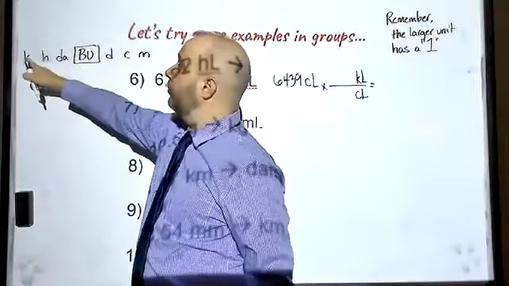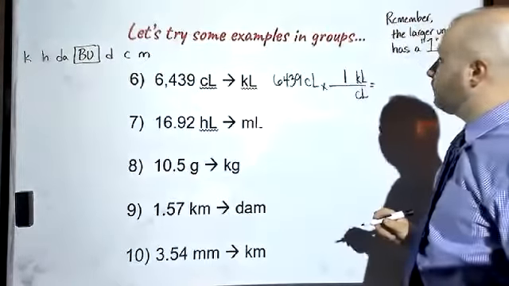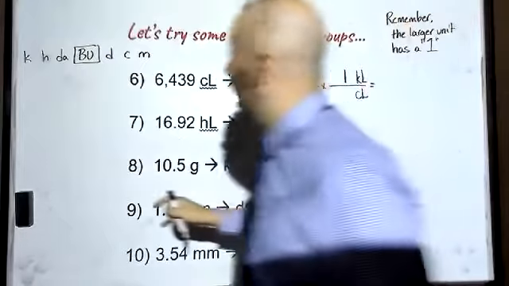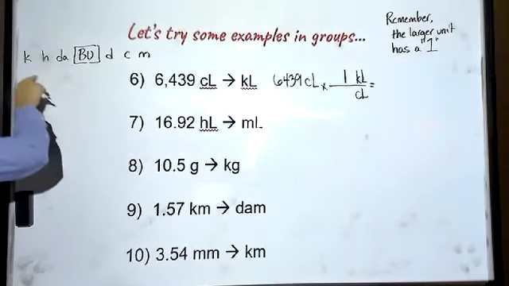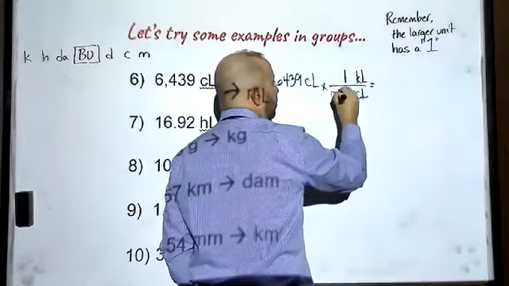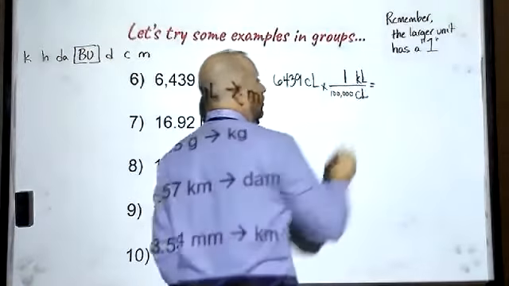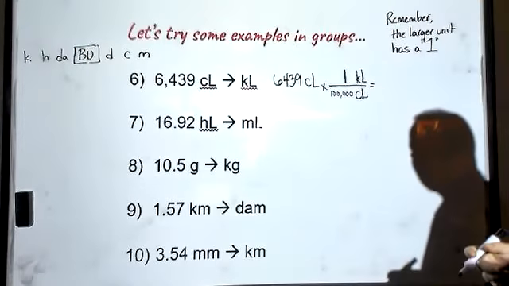Kilo is way over here. So kilo is the larger unit. Kilo is going to get a 1. Centi is, notice, 1, 2, 3, 4, 5 spots away. So we have a number that has 5 zeros. So in this case, 100,000.